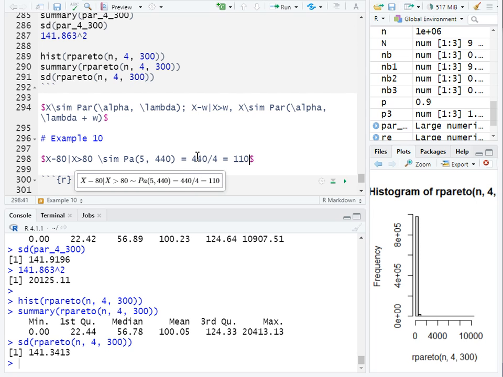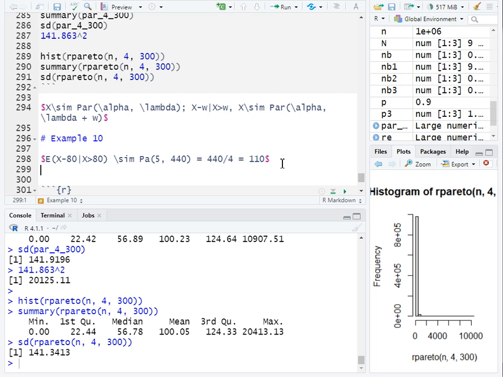So we have 110 as the value of E of X minus 80 given that X is larger than 80. So this expected value is 110. Thus, given that this value is 110, we can obtain the value for E of X given that X more than 80. Okay, and this value is 190, just the sum of those values, 110 plus 80.